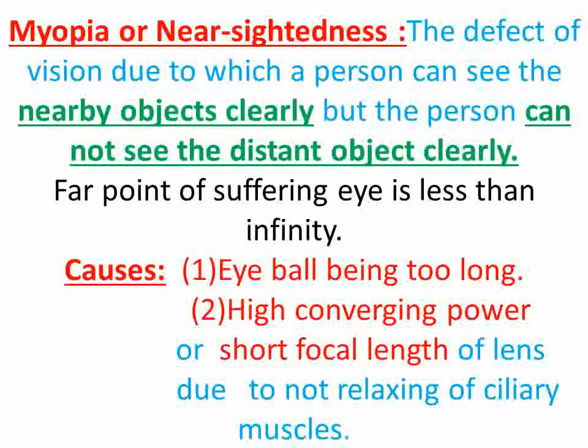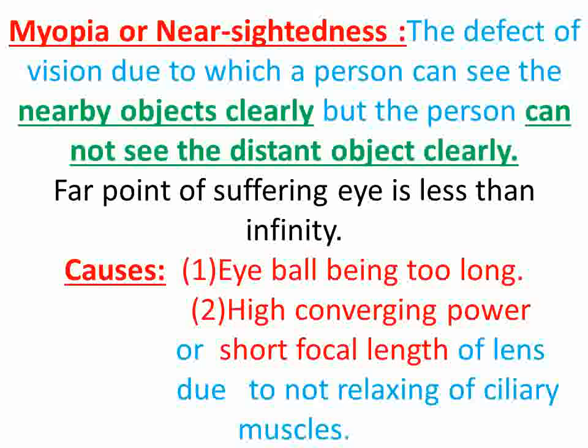Myopia, or short-sightedness, is a defect of the eye in vision due to which a person can see nearby objects clearly, but cannot see far objects. The far point of the suffering eye is less than infinity, meaning it is not at the final distance. The far point of a myopic eye comes closer to the eye.